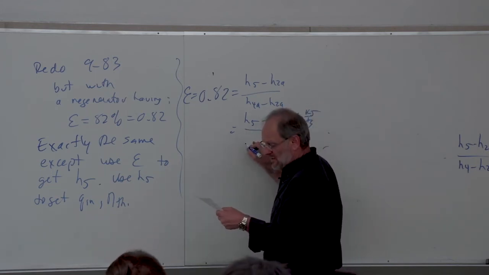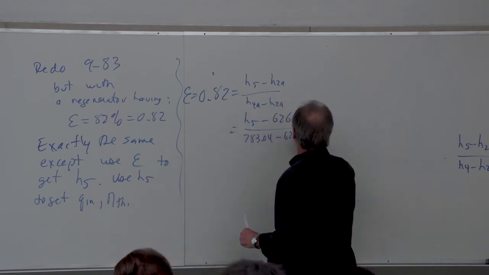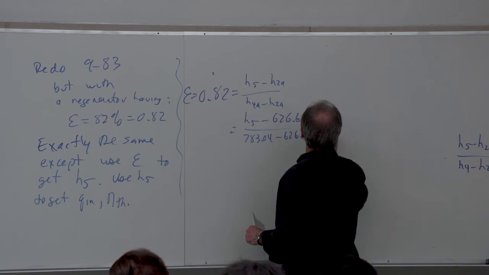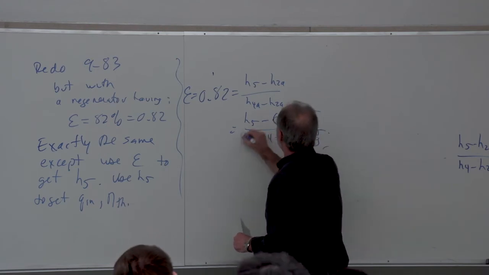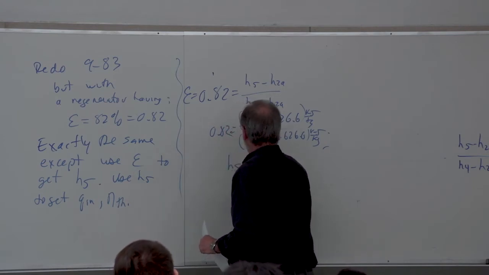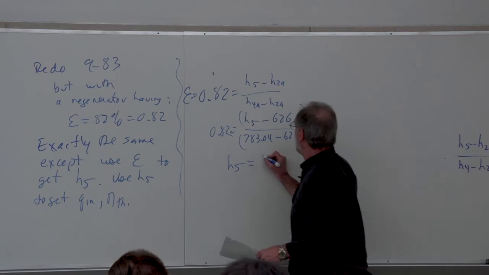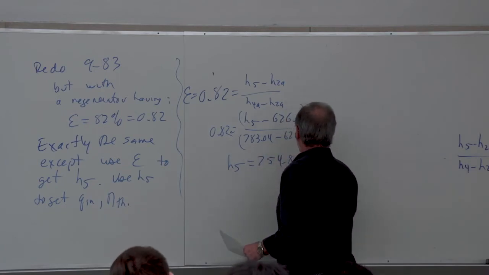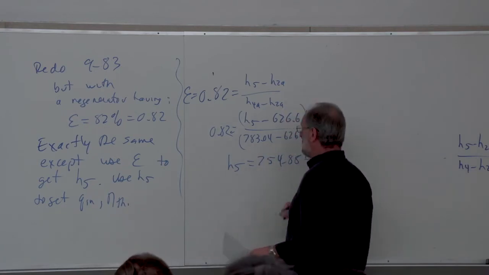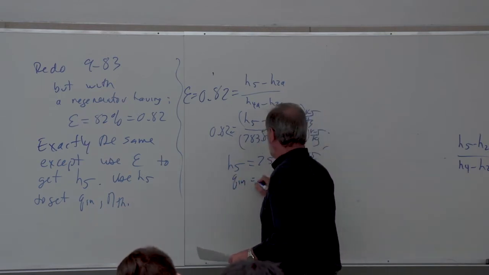H4A we found as 783.04, and then minus 626.6 kilojoules per kilogram. And therefore, we find the enthalpy of 5, and it's 754.88 kilojoules per kilogram. We can now find the heat input.